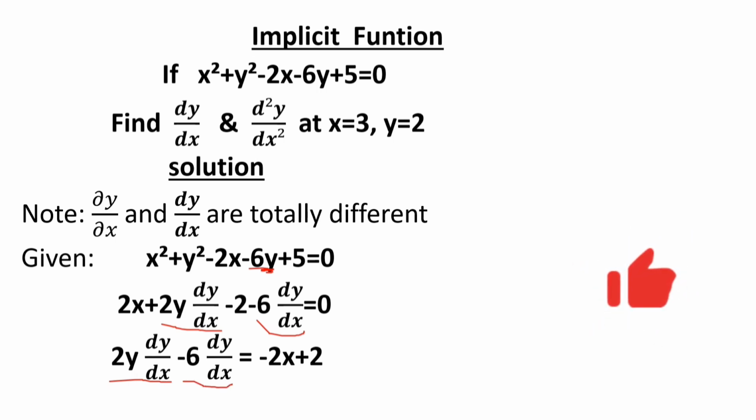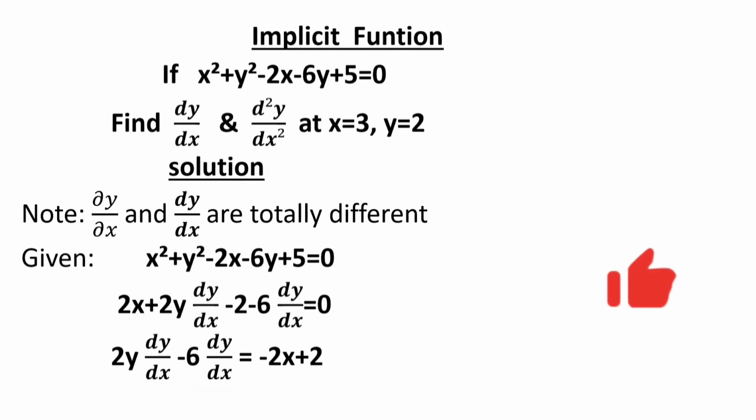So what will happen to this 2x? It will cross to the other side. When it crosses to the other side, what will happen to the sign? This 2x is the same thing as a plus 2x, right? So it becomes minus 2x, just as you can see here.